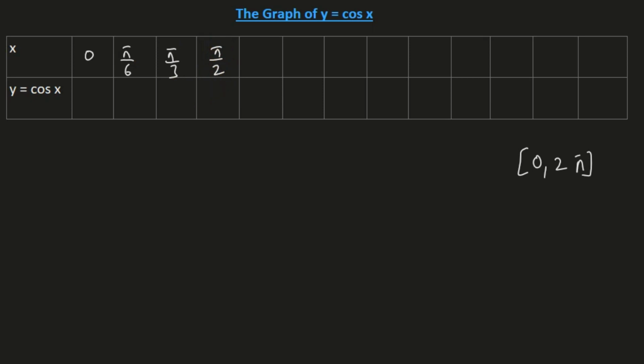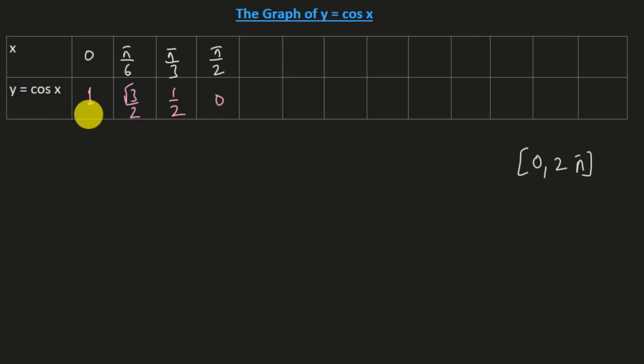Now cosine 0 is what? 1. Cosine pi by 6 is square root 3 over 2. Cosine pi by 3 is 1 over 2, and cosine pi by 2 is 0, right?